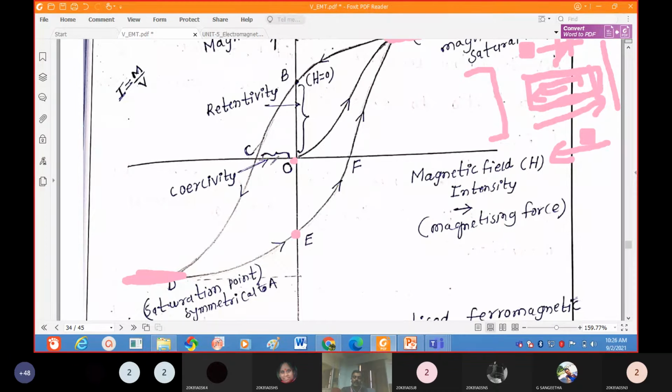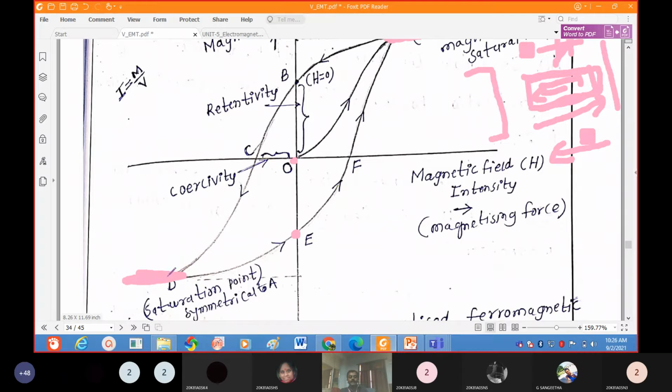That H value we call coercivity. Now further increase the H value. The B value increases in the direction of C to D. After that, it will become saturated. If you increase the H value further, the B value will remain constant.